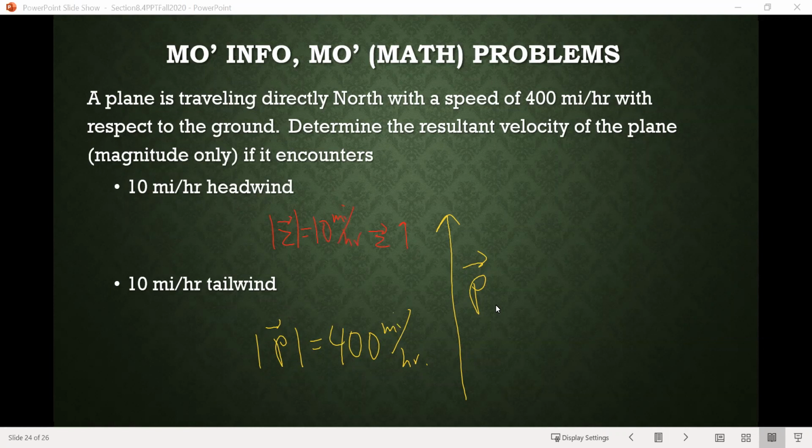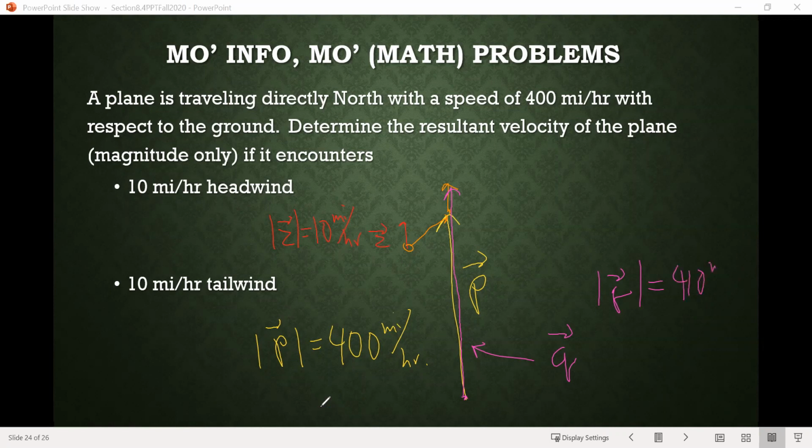And again, if we take its initial point, put it at the terminal point of P, and add those two together, the resultant vector that we get, starting at the initial point of P, now going all the way up to the terminal point of Z, that would give us a vector I'll call Q. And the magnitude of Q, well, again, the tailwind is helping in this case, so it's actually going to make the plane go faster.